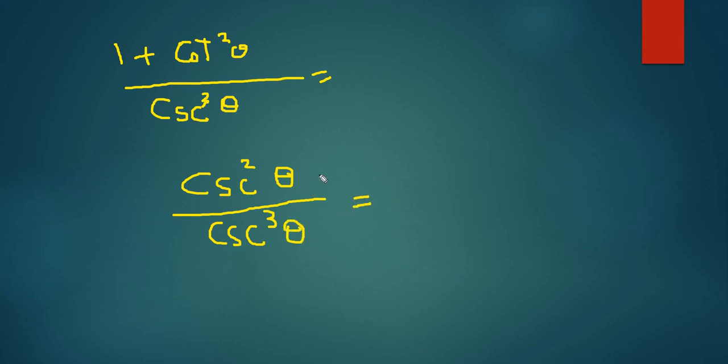Cancelling numerator with denominator, the result is 1 over cosec theta, which equals sine theta. That's the final result.